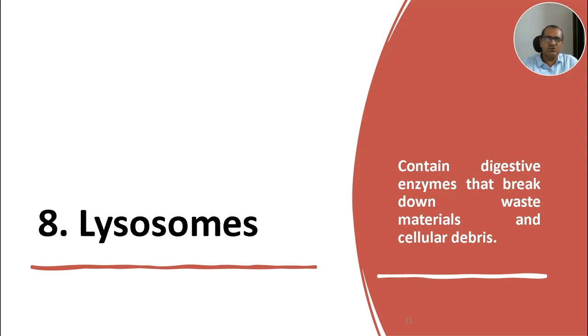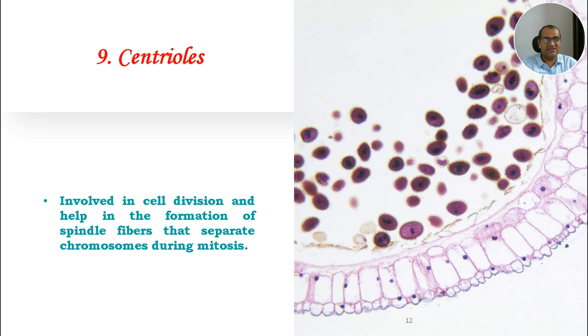Whereas the lysosomes contain digestive enzymes that break down waste material and cellular debris. So these lysosomes, as the name indicates, lys means to dissolve. These are the ones which always contain the digestive enzymes of the cell, nothing to do with the gastrointestinal tract.